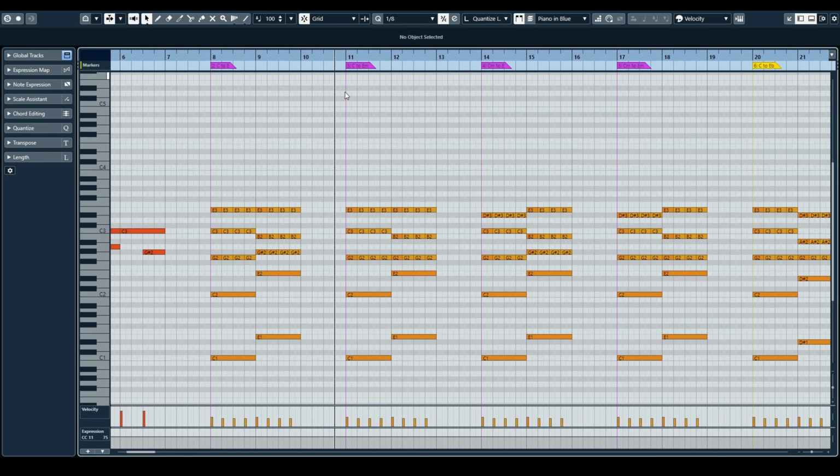So in the next example, we're keeping the C major, but instead of going to E major, we're going to E minor. It sounds like this. We've all heard this one before.